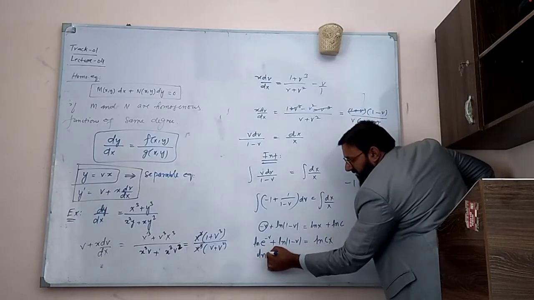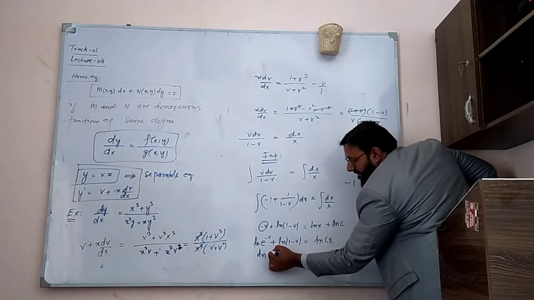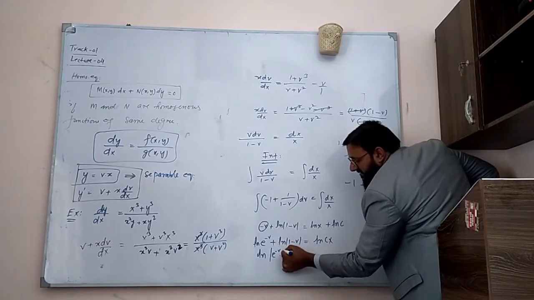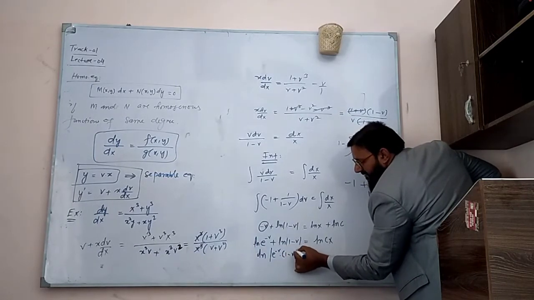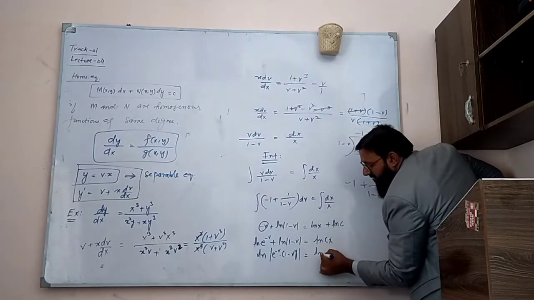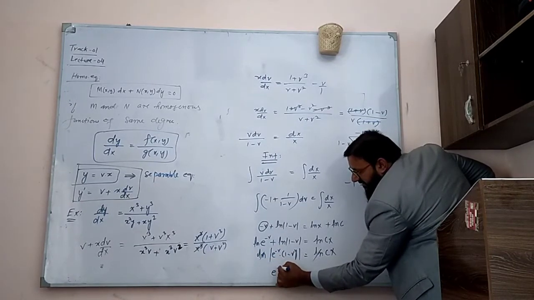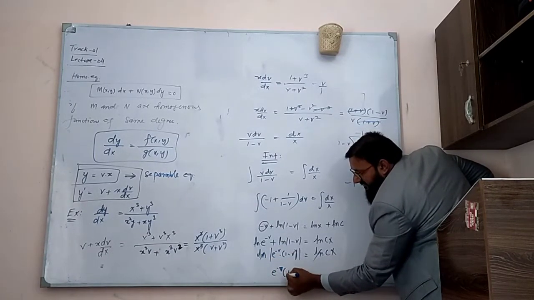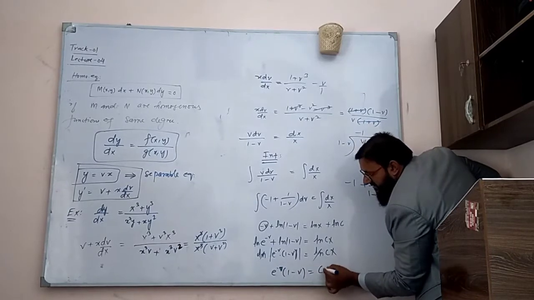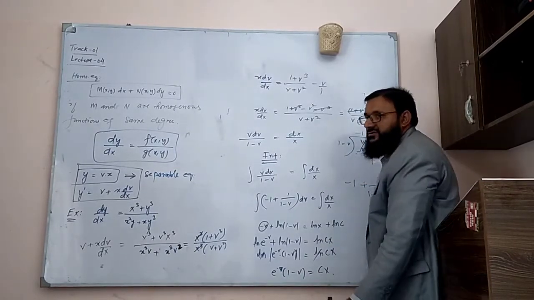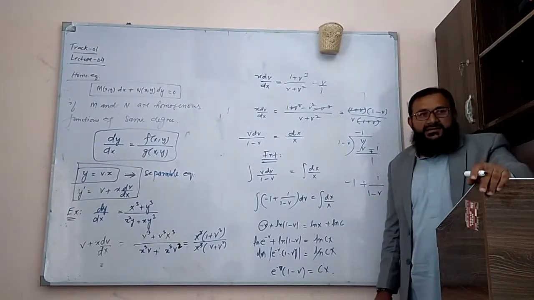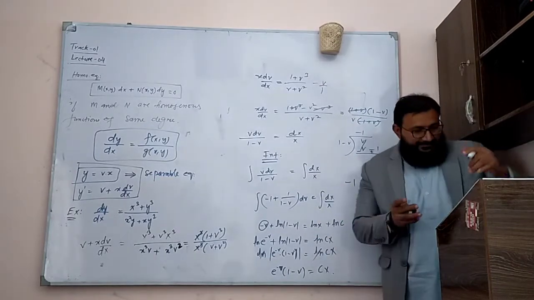Now you can write log of e raised to minus v times 1 minus v, and this is log cx. Logs are cancelled. You are left with e power minus v times 1 minus v equals cx. Now you just put v equals y over x back from that one.